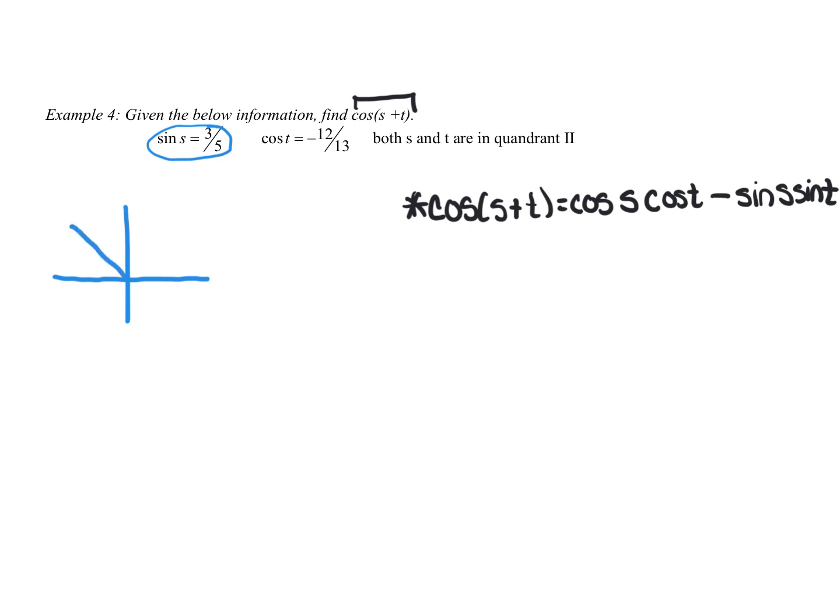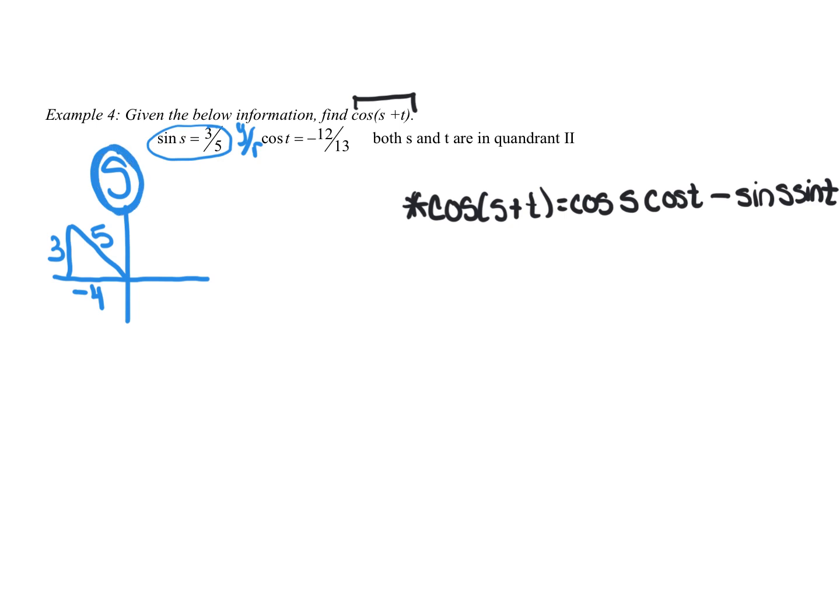So if I draw a triangle in the second quadrant, we know that sine is the Y over the R. So my Y piece is 3, my R piece is 5. And then if you do Pythagorean theorem, you should get a 4, but it's in the second quadrant, so watch your plus and minuses. This is negative 4. And I'm going to label it. This is my S triangle.